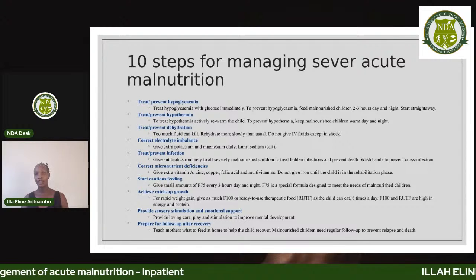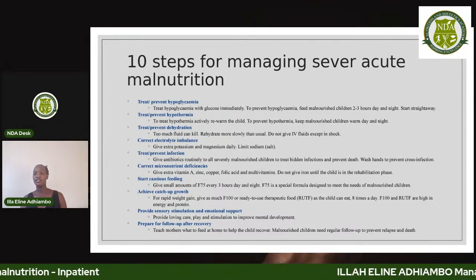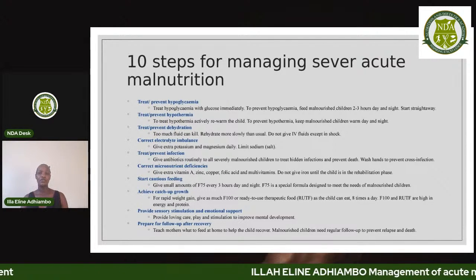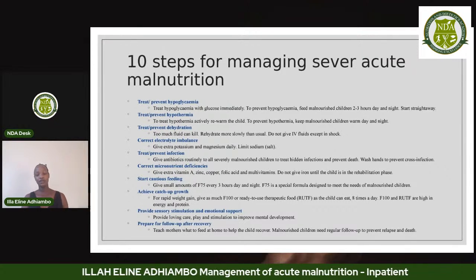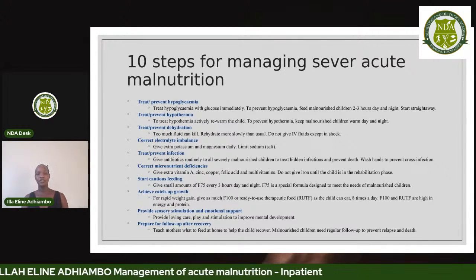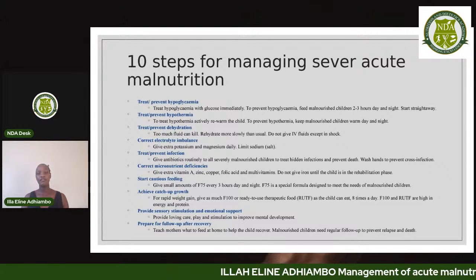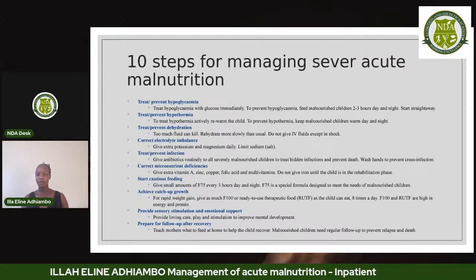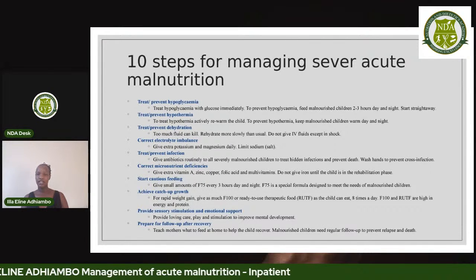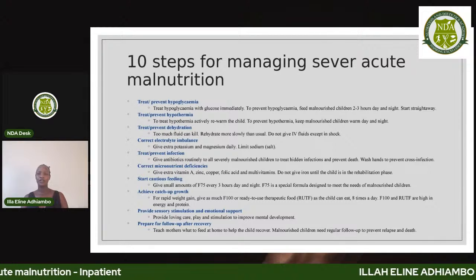Because it's low in calories, and we want to avoid a situation whereby this baby goes into refeeding syndrome. As we've seen, the systems tend to shut down when there's not enough nutrients, and we're just trying to resuscitate the system to work well again. So we are going to go slow in what we are giving, be it fluids or feeds, to give the body time to recover from the state of shock that it is in, and also to help the baby recover quickly.